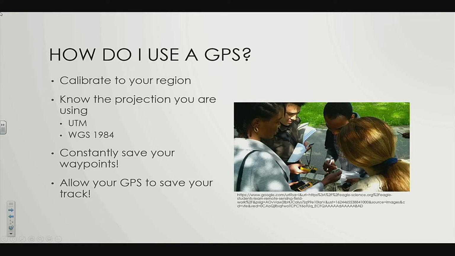Now, if you're using GIS, a lot of our data is going to be in either WGS 1984 or NAD 1983, but you can have it in UTMs. UTM is a projection, and that's different from WGS 1984, okay?